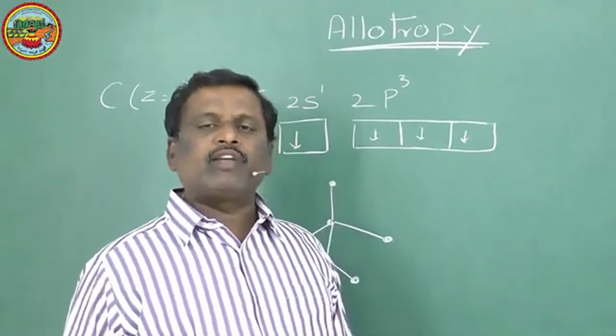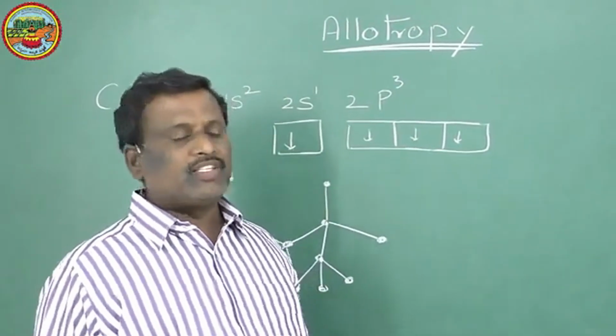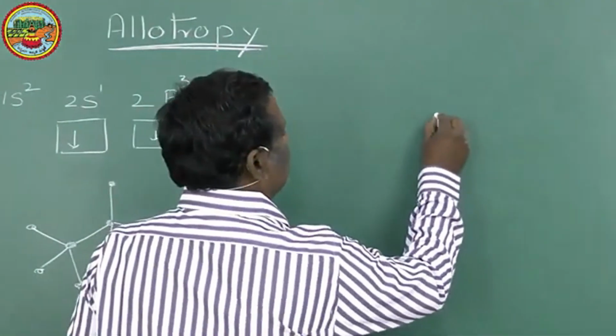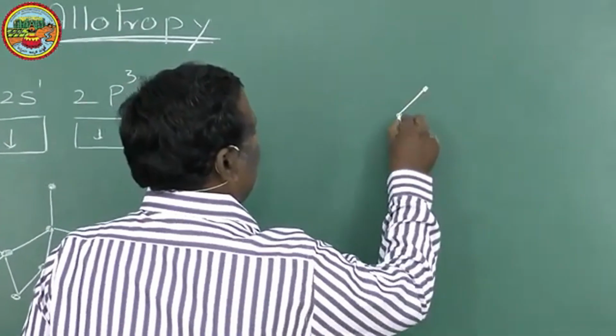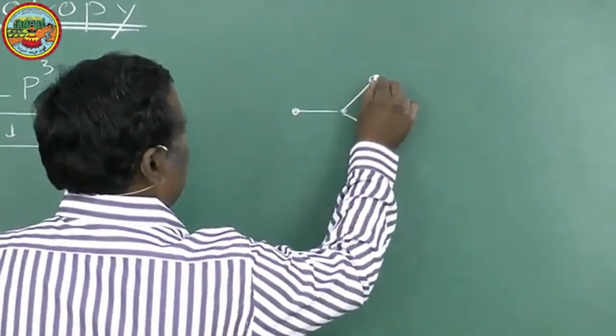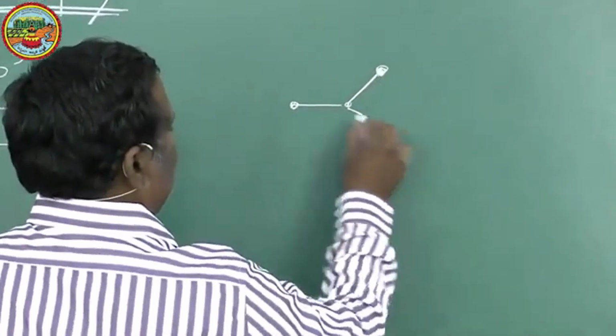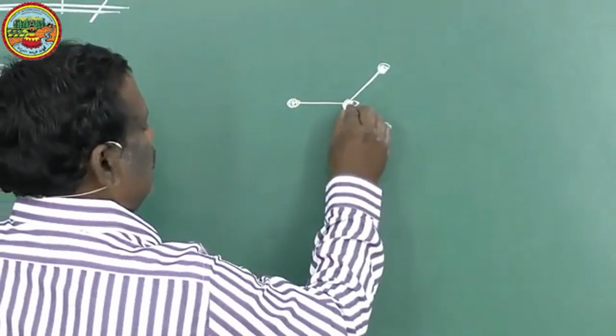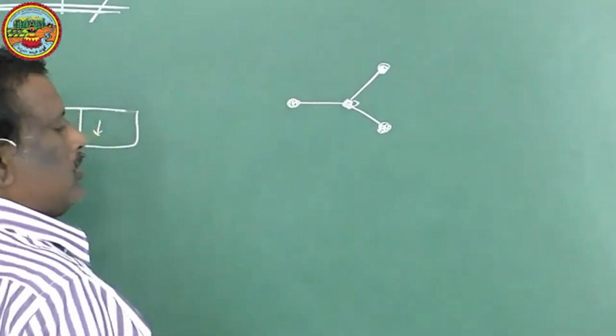Graphite. It takes part in sp2 hybridization, and each carbon will form 3 bonds with adjacent carbon atoms like this. This is one carbon, this is one carbon, and this is one carbon. So each carbon will form 3 bonds.